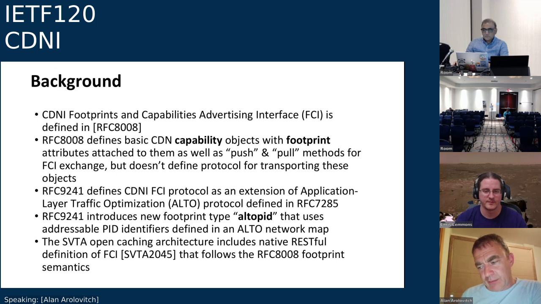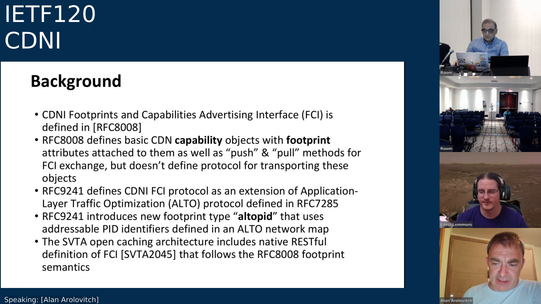Separately, in the SVTA open caching architecture work, there is a separate implementation of FCI, SVTA spec 2045. To my knowledge, it has not been submitted to CDNI as a working draft, but it is a foundational protocol in the open caching architecture that implements the semantics of 8008 and also follows the same approach of footprints as attributes to capabilities.